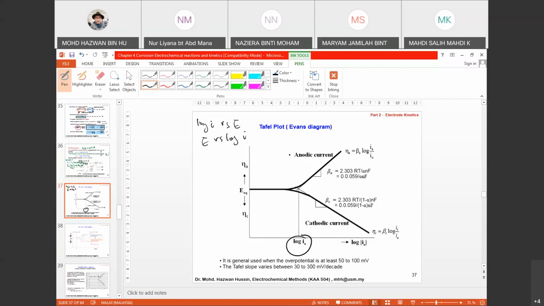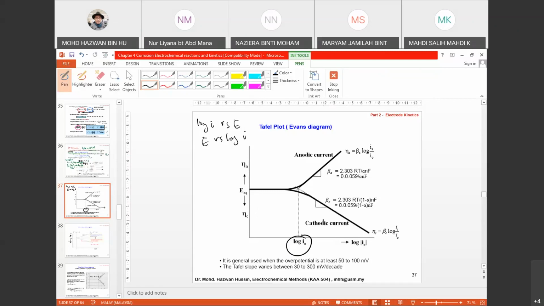So over here, you can notice that it is plotted potential versus log I. It forms a shape, normally like a T shape or Y shape. This means that for anodic overpotential, you have a linear increase, and for cathodic overpotential, you also have a linear plot over here.